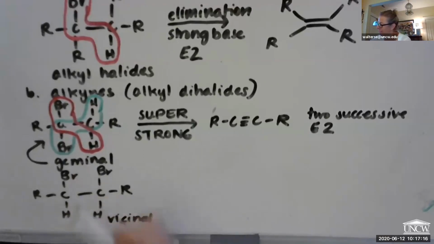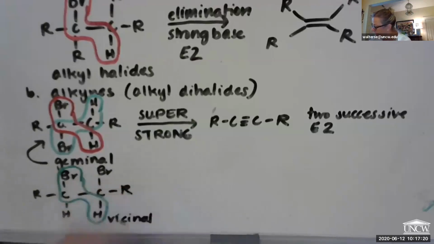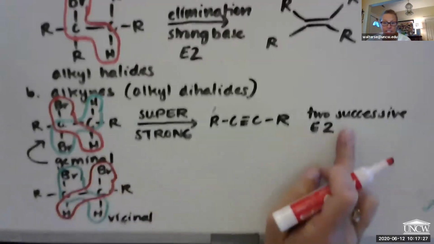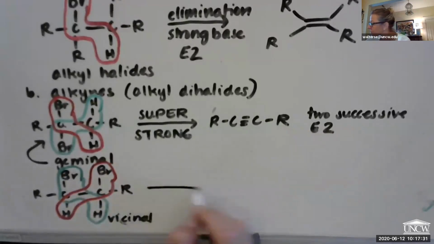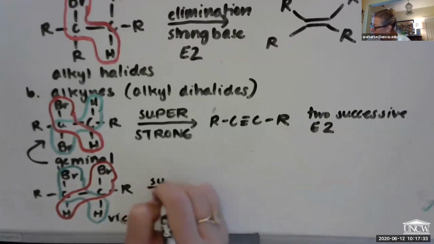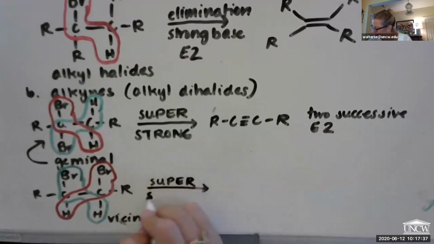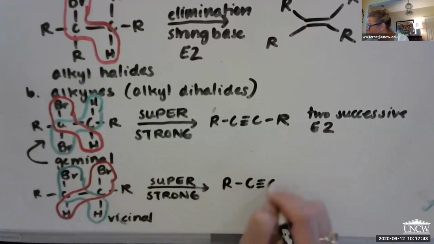And you still have the same thing. You still have the bromine eliminating with this hydrogen and the bromine eliminating with this hydrogen. It's still a successive elimination reaction. And you still need to use a super strong base. And then you'll make your alkyne product.